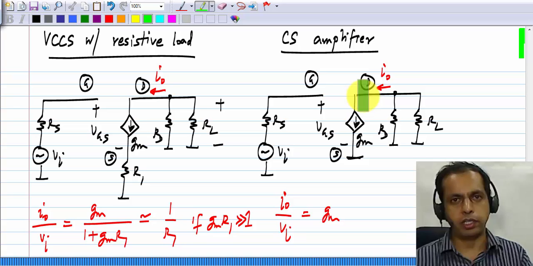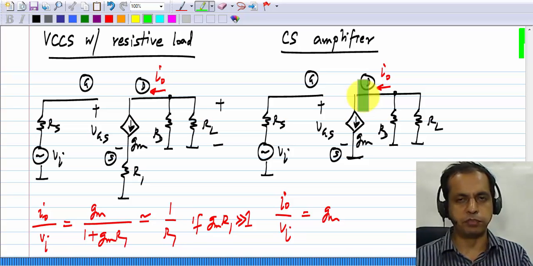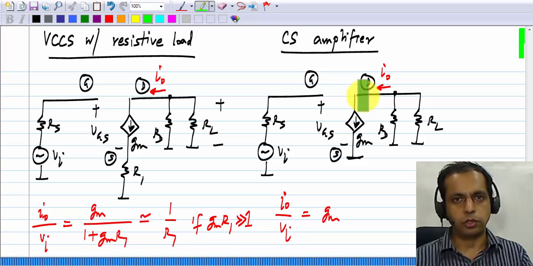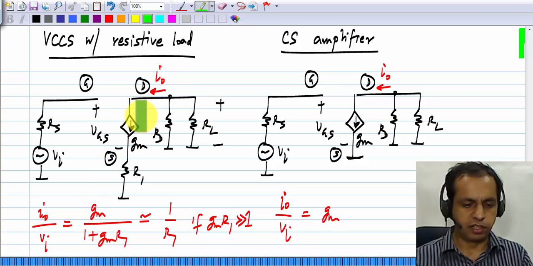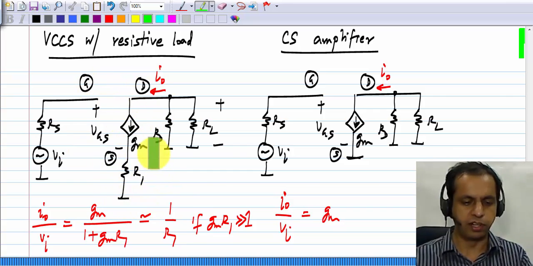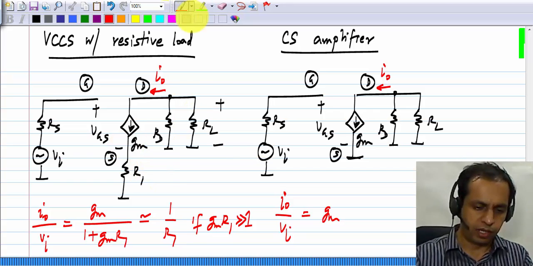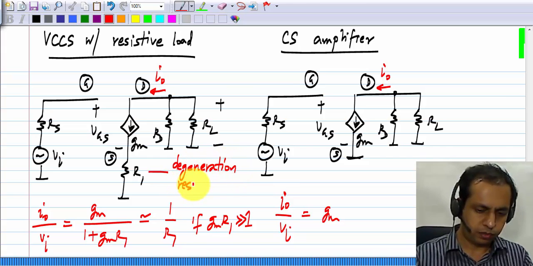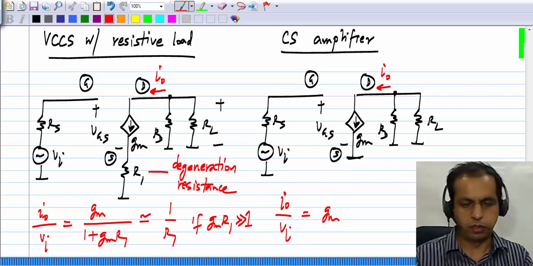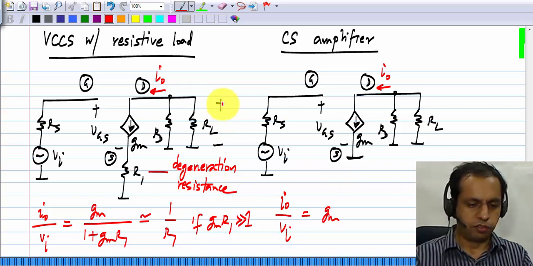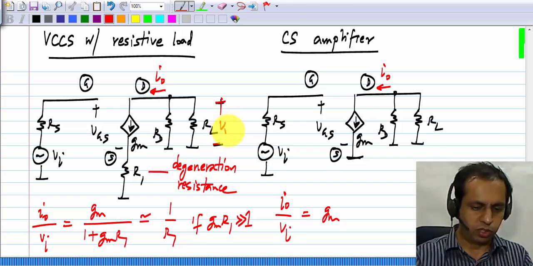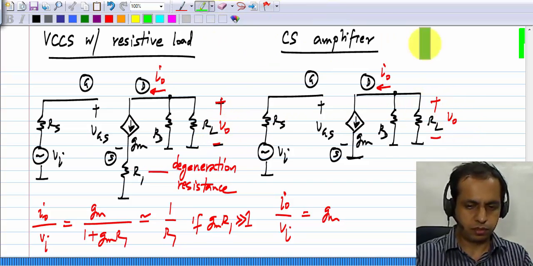Of course, I have only stated it vaguely because to specify it exactly, you have to also make quantitative comparisons. The transconductance here is smaller than this and so on. But in general, this circuit is more linear than that, and this is used for that purpose, degenerating the transistor. This resistor is sometimes called the degeneration resistance. Instead of the output current, you look at the output voltage VO like this.